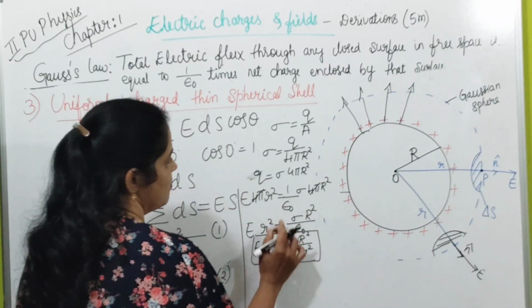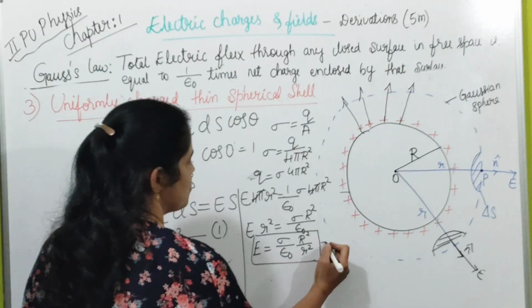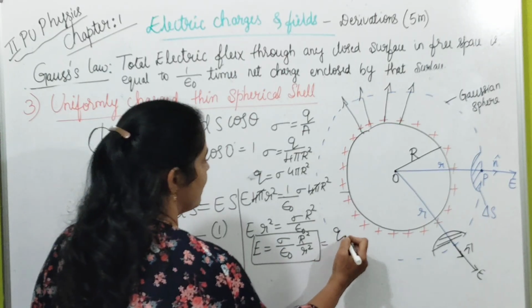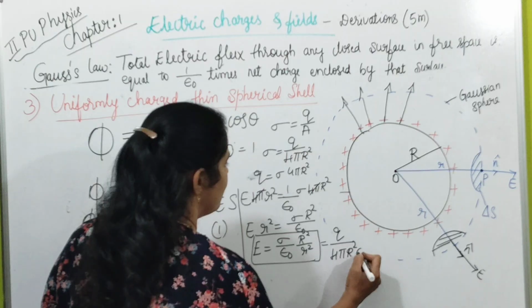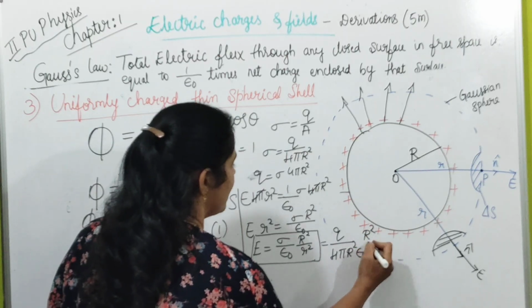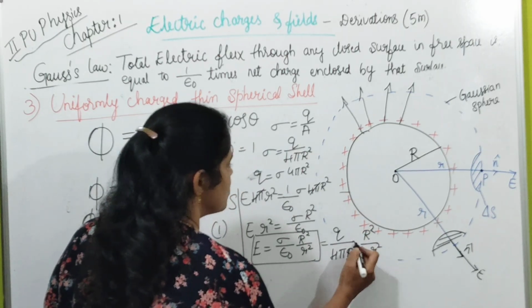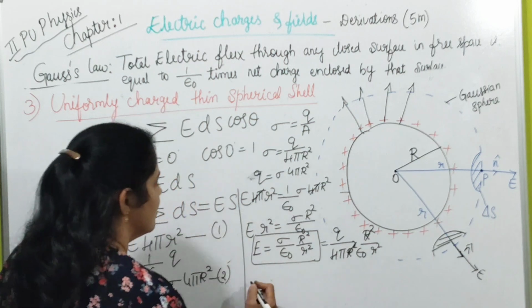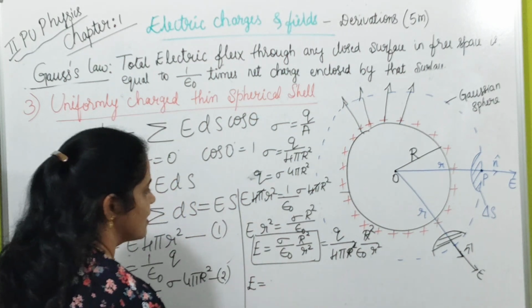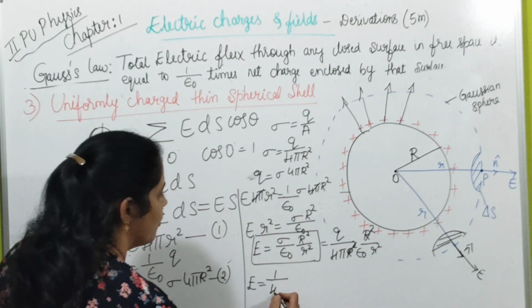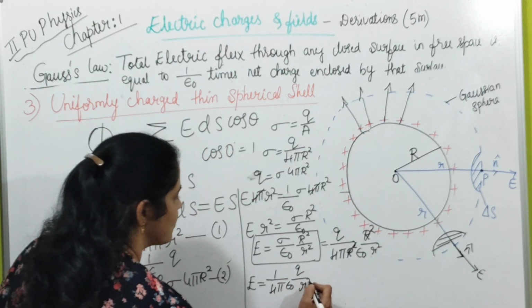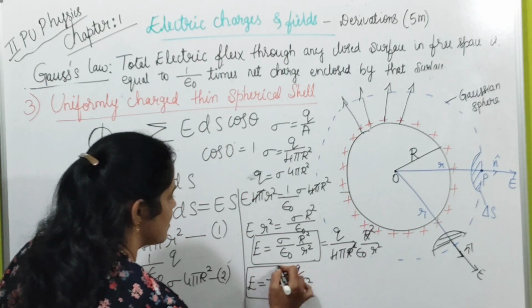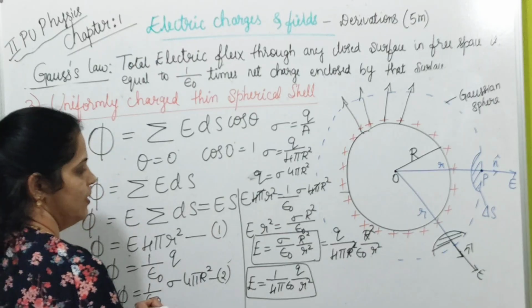Now let me write sigma as Q by 4 pi R square. So E is Q divided by 4 pi R square into epsilon naught, into R square by small r square. So this R square cancels. Therefore, what is the expression for electric field? 1 by 4 pi epsilon naught Q divided by r square. So this is our expression for electric field.